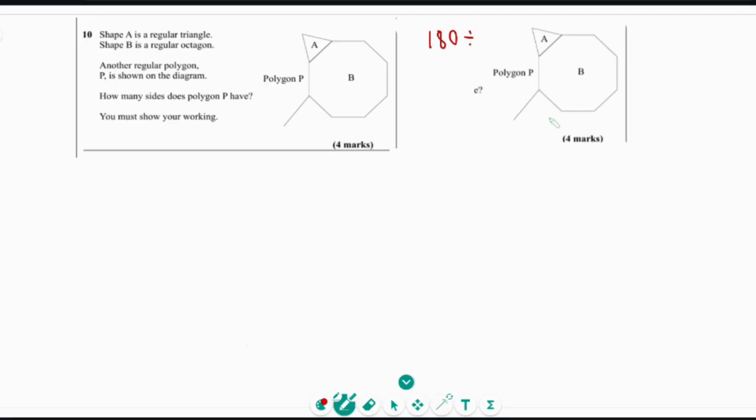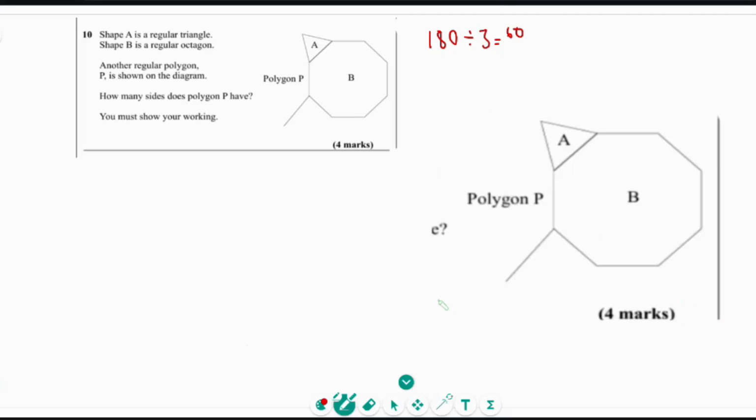And then we've got an octagon too. So we know each angle here is 60. Octagon, angle sum, n minus 2 times 180, 1080, divided by 8, 135.